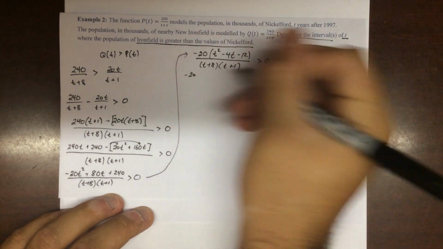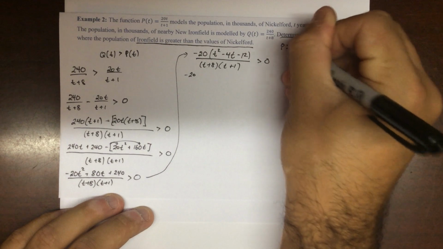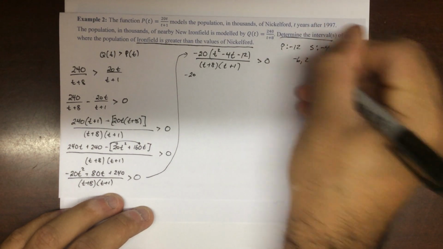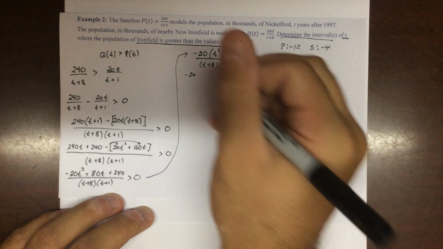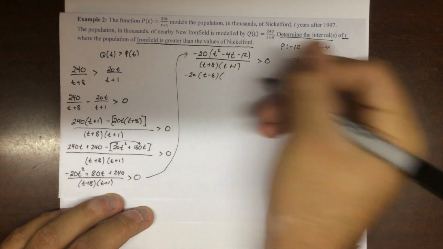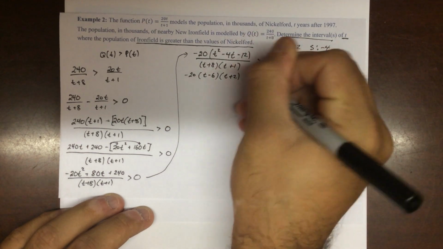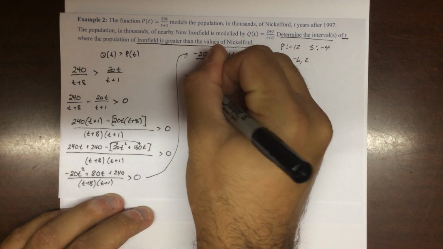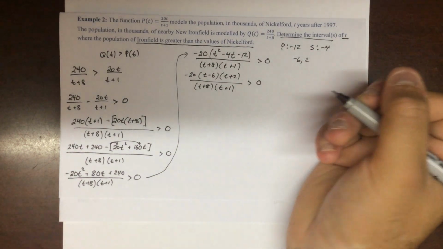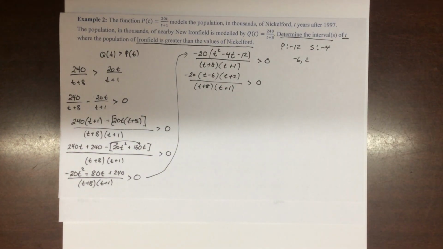My numerator can factor using product and sum, product of negative 12 and a sum of negative 4. So I'm looking at negative 6 and 2 as those values. Negative 20 multiplied by t minus 6, t plus 2, all over t plus 8 and t plus 1 greater than 0. Now I have my values.